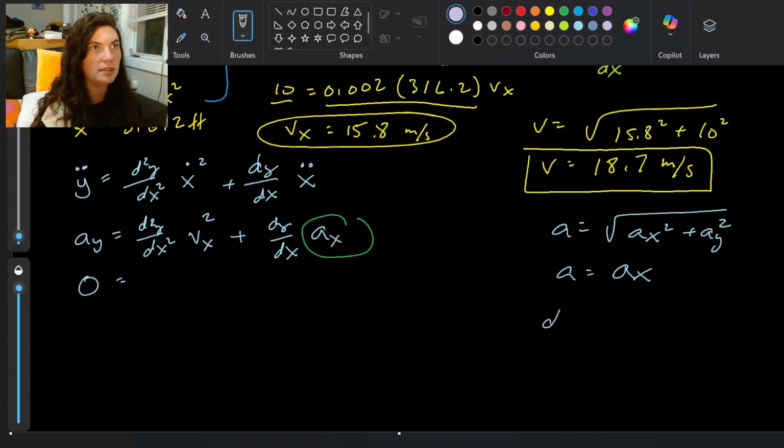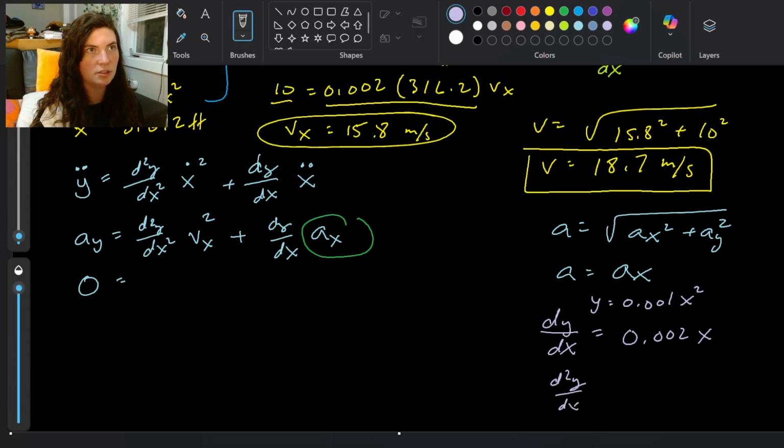We had dy dx. What was our y? I'm going to have to write that out again. So if y equals 0.001 x squared, then dy dx is 0.002x. Then the second derivative of that with respect to x is going to be 0.002. Right? No more x component, just 0.002.